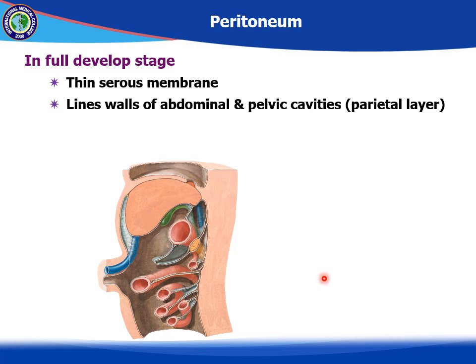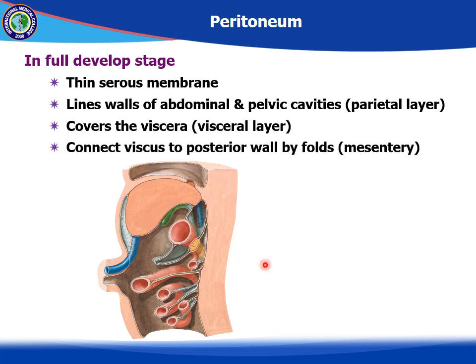The part that lines the wall is known as the parietal layer, and the peritoneum that is tightly adherent to the wall of the viscera is known as the visceral layer of the peritoneum, and the organs are connected to the wall by folds.